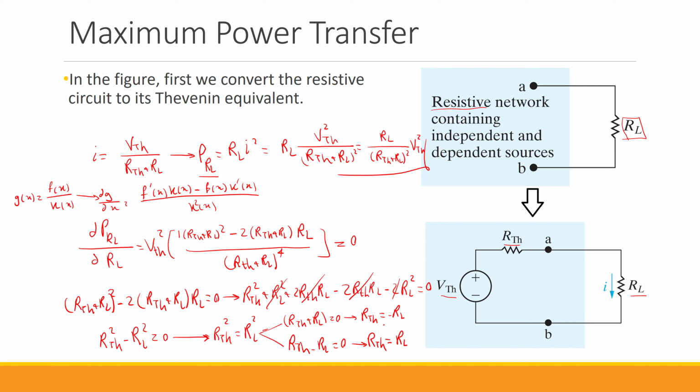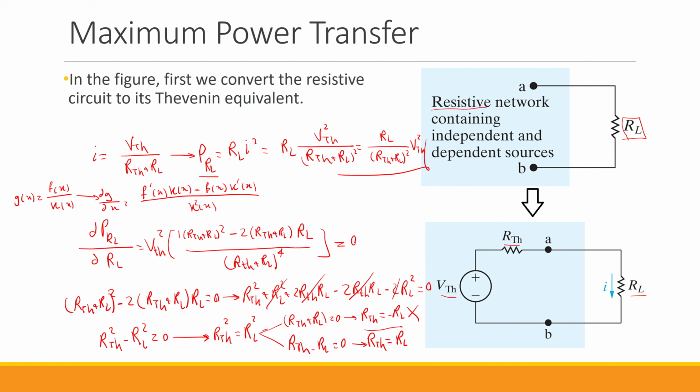So between these two cases, this one is not useful for us. Why? Because we are working with positive resistors. For example, if RL is 5, that means that RTH needs to be negative 5, right? So this doesn't make sense for the circuits that we work with.